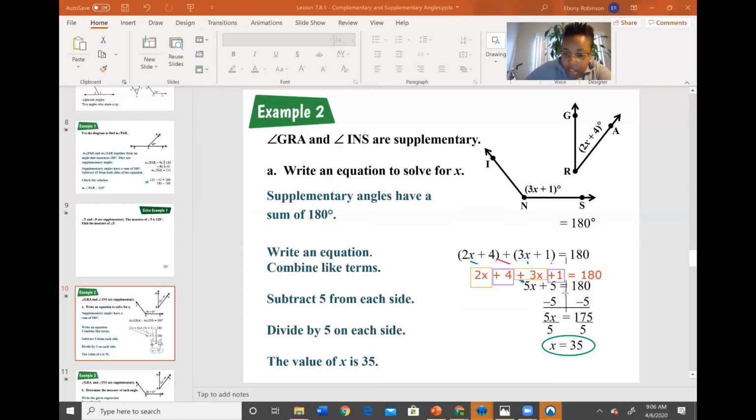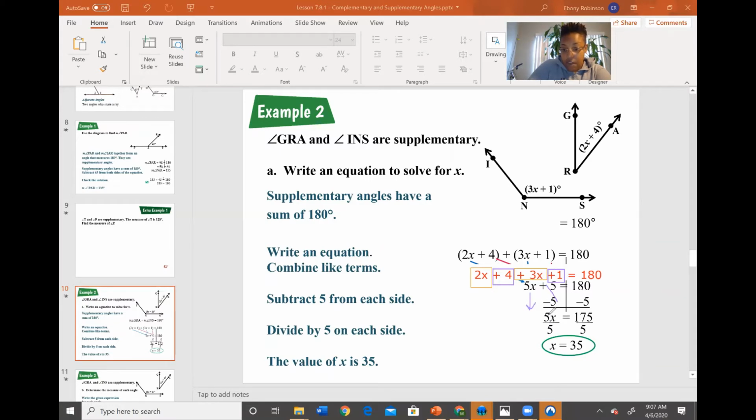All right. So now I follow my steps to solving equations. If it's a 2-step equation, I always do the addition or subtraction first once I get to this point. So they subtracted 5 from each side. These cancel. 180 minus 5 is 175. Right here, I'm left with this 5x comes down.